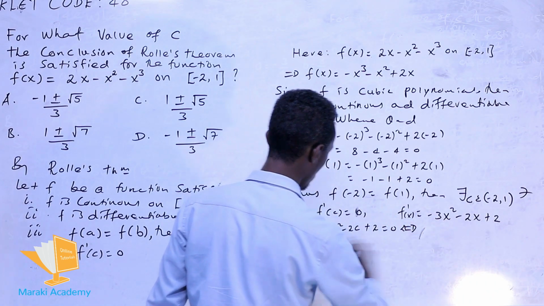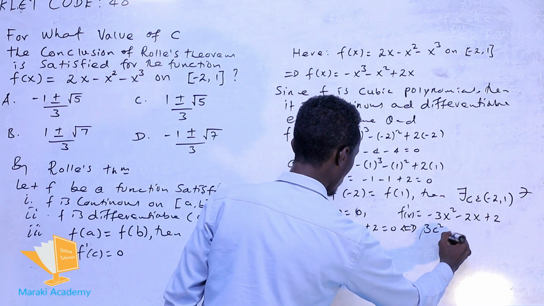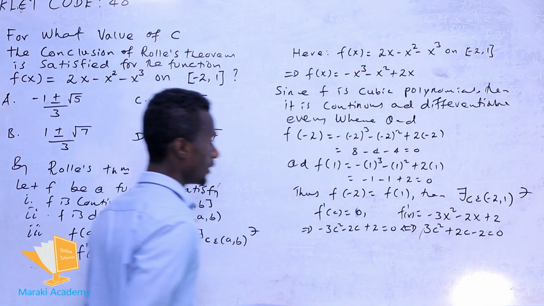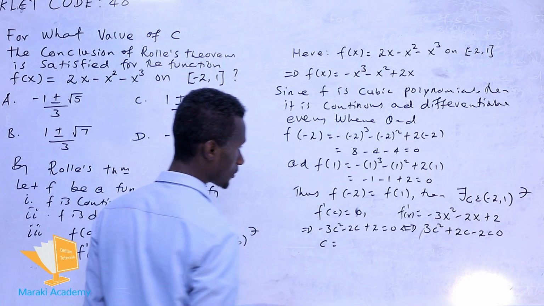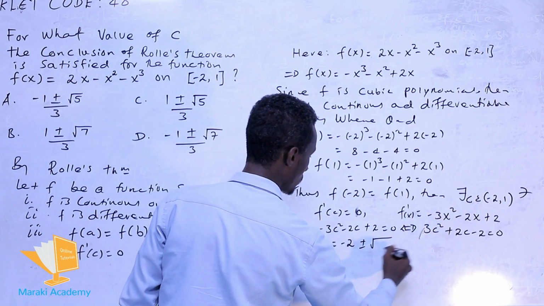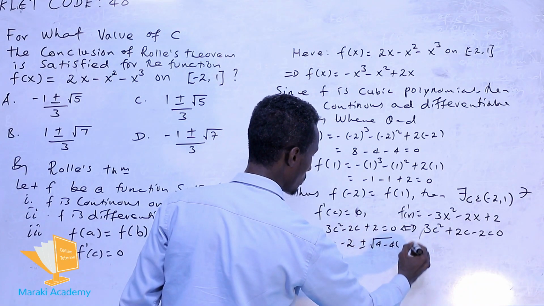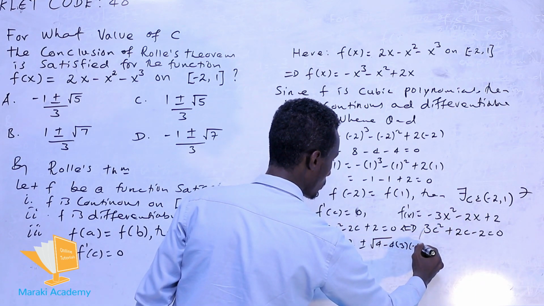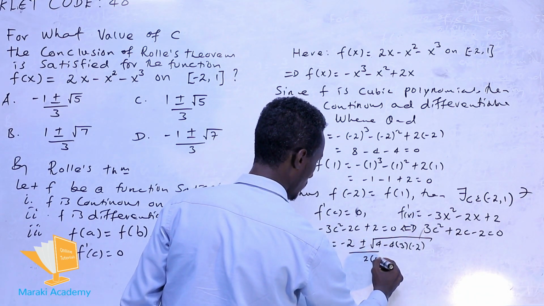Multiplying both sides by minus 1, we get 3c squared plus 2c minus 2, which is equal to 0. To find c, using the quadratic formula, the value of c is minus 2 plus or minus the root of, the coefficient of c squared being 3, minus 4 into this 3, over 2 into the value of a, which is 3.